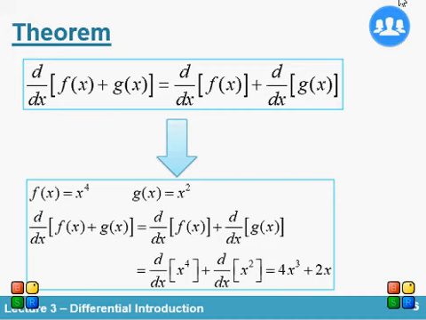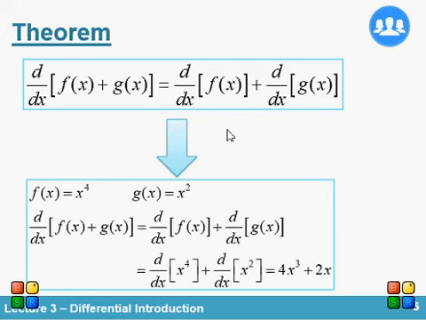The differentiated function separates into two differentiated functions, like this: d/dx of f(x) plus d/dx of g(x). You can look at this: in the bracket, these two functions are connected by plus, and in this also, connected by the plus symbol.